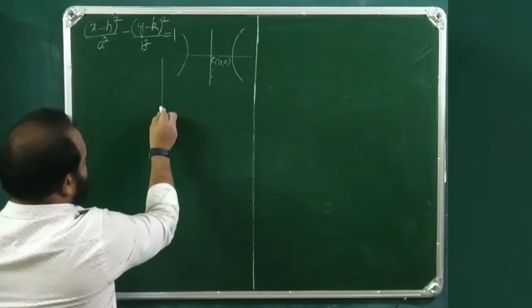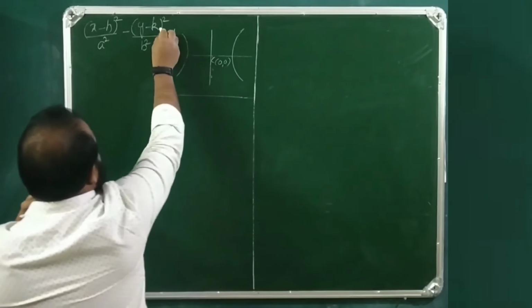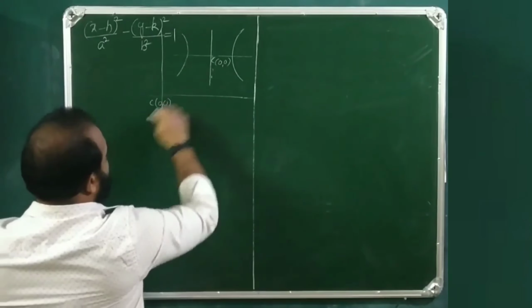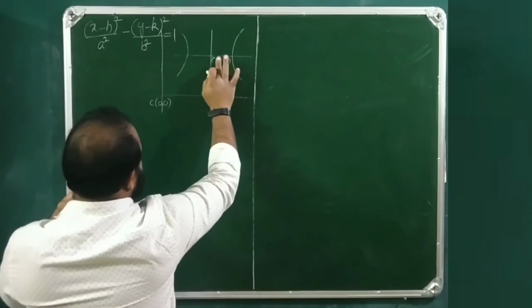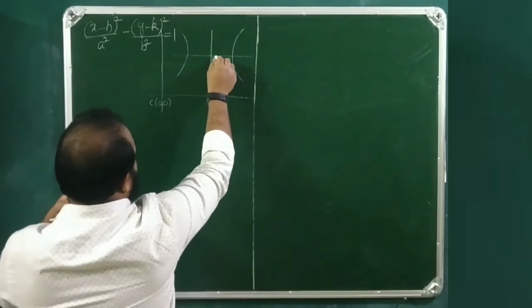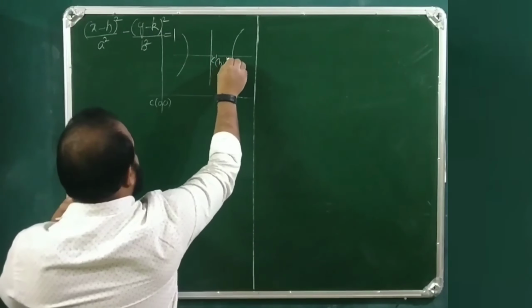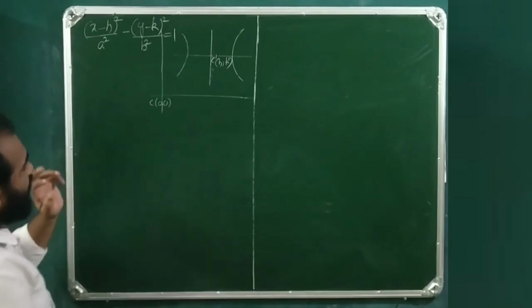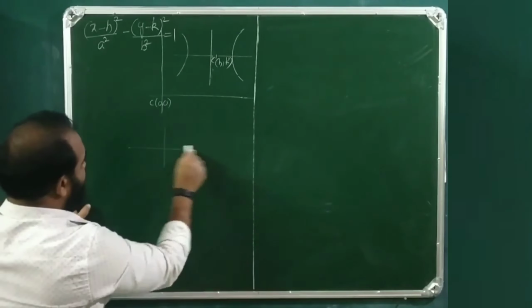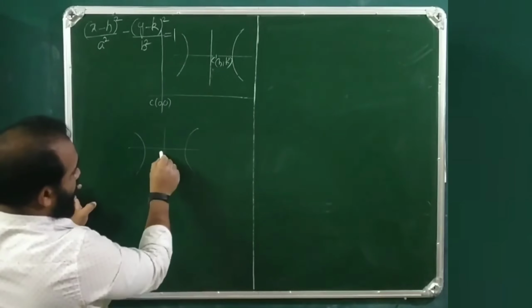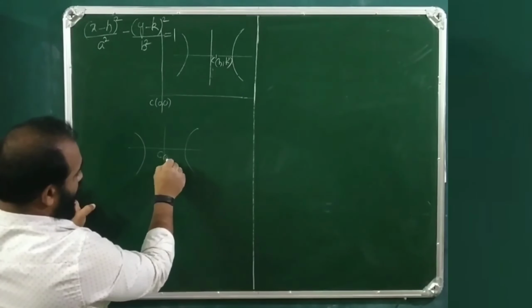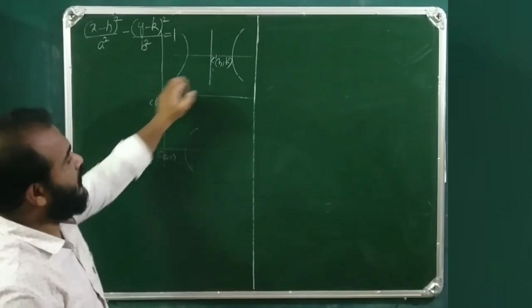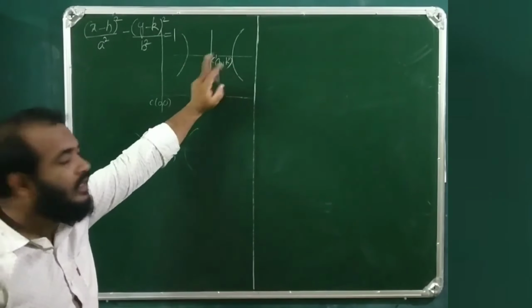This is the old origin, and this C dash is the new origin, C dash h comma k.